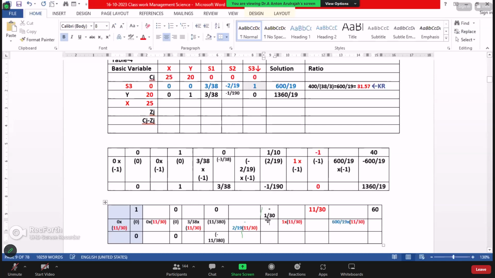Here, by 19 has to multiply by 11 by 30. It's about 11 into 285.